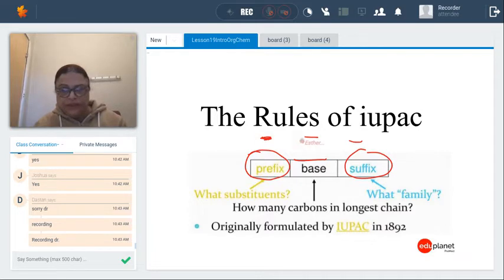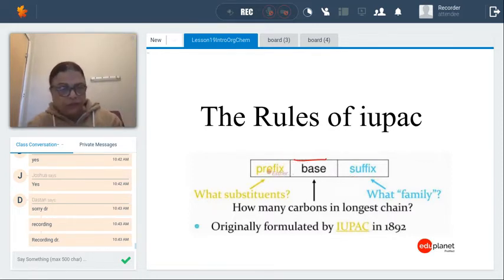The prefix is telling me what branching I have, because every branching looks different. The base is telling me how many carbons the longest chain has.